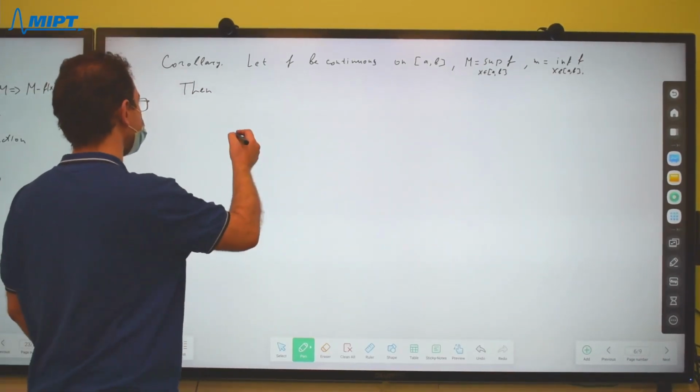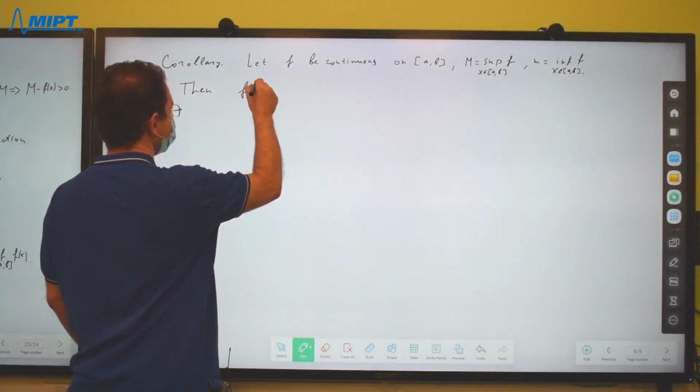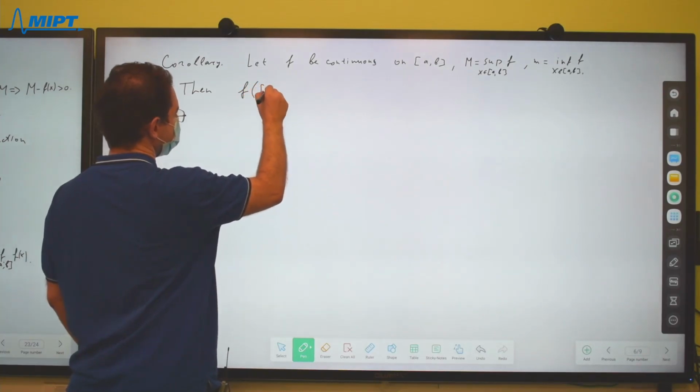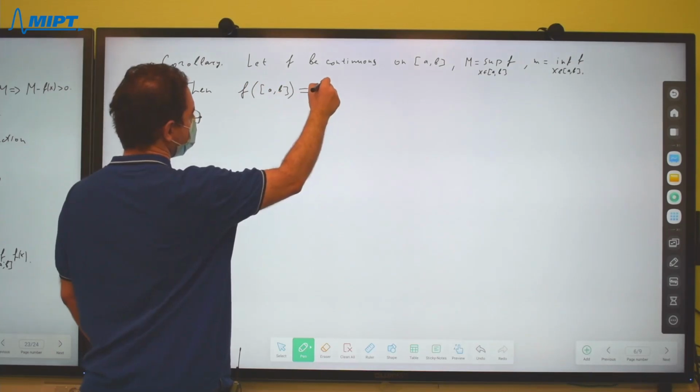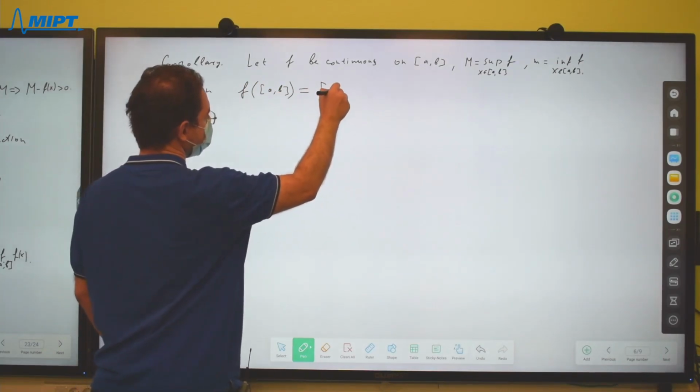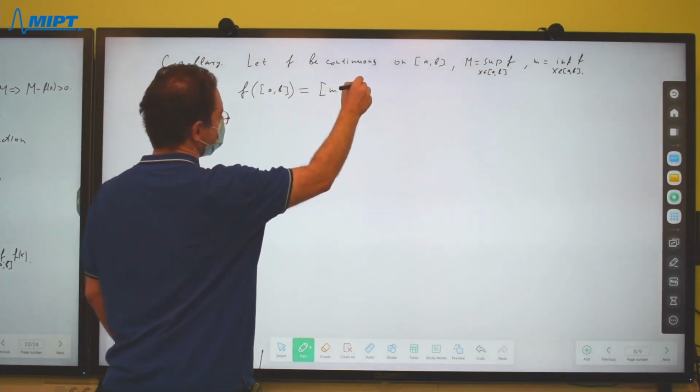Then f of [a, b] is a closed interval from small m to capital M.